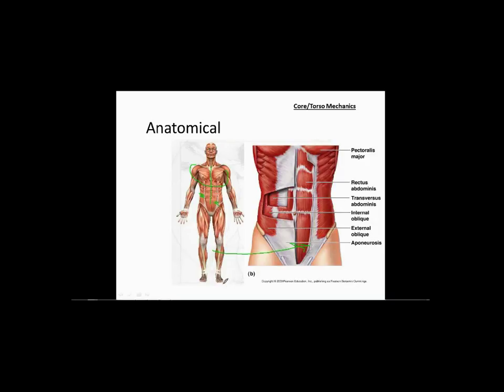We can consider this chain to be almost a dynamic sling. There are some trainers that have referred to this as essentially a power sling. Jason Glass is one. I think it's a great concept to consider that these muscles link together to create almost a sling to almost slingshot the upper body off of the lower body.